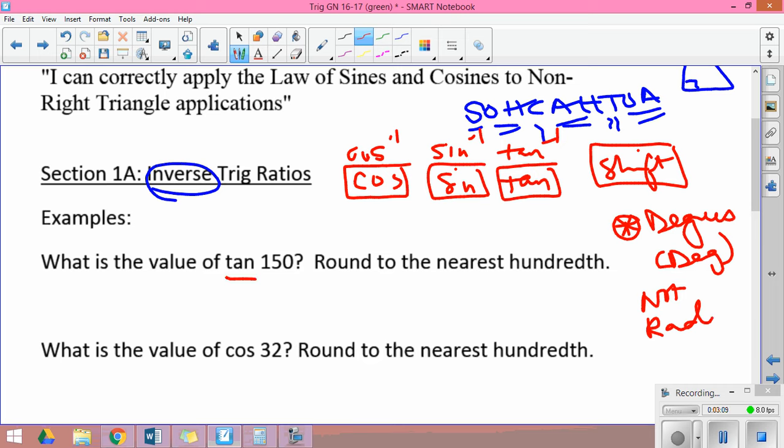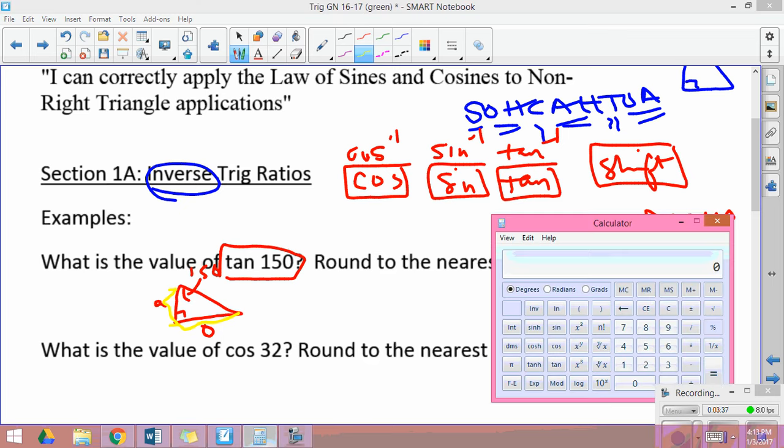So to find the tangent of 150, that would be basically if I had this right triangle and a 150-degree angle here. Tangent is opposite over adjacent. What is the ratio of these two sides together? That's really what it's saying, what is that relationship?